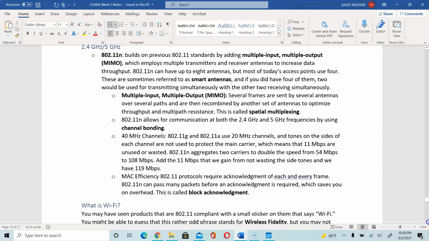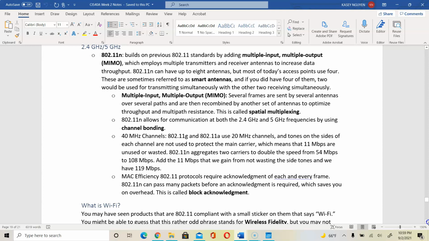So for the 40 megahertz channel, that would also be used on 802.11g and A. 802.11g and A, I'm sorry, 802.11g and A uses 20 megahertz, and for the 40 megahertz, that will be on the higher scale. So 802.11n aggregates for at the speed at 54 megabit per second at 100 and to 108 megabit per second at the 40 megahertz channel.